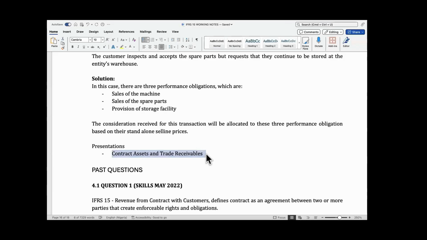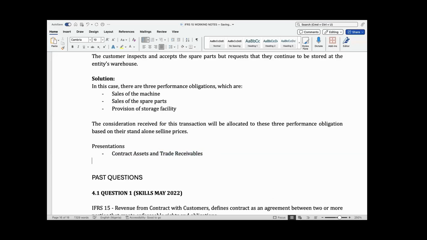the reality is this: a lot of people don't know that there is a difference between contract assets and trade receivables. They are not the same. Everybody just calls the money you're expecting from a customer trade receivables. And it's wrong because there's something called contract assets.